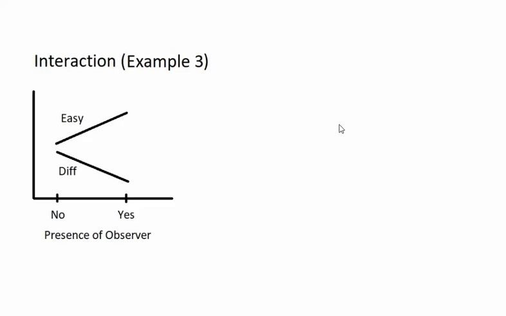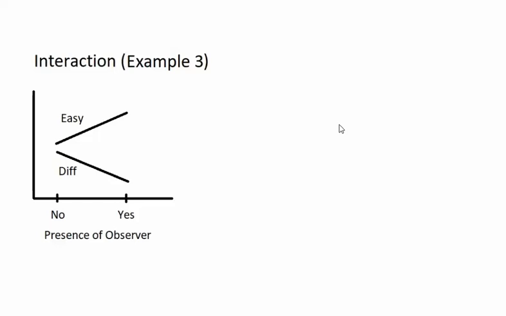Here's an example from social psychology, something called social facilitation. You might have heard of that before from a social psychology class. Social facilitation has to do with the effect that an observer or a spectator has on some type of task that a person is performing, like basketball, golf, or anything that could be observed by a spectator.